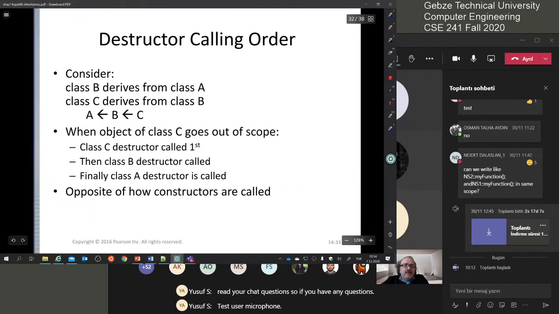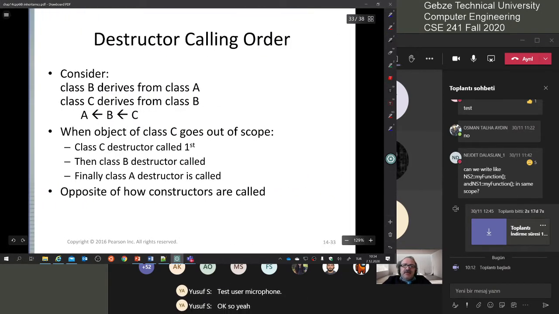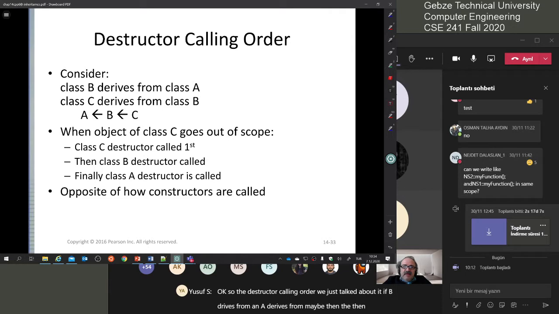Okay, so destructor calling order, we just talked about it. If B derives from A and C derives from B, then the destructor of class C is called first, then B, then A. That makes sense. Why?